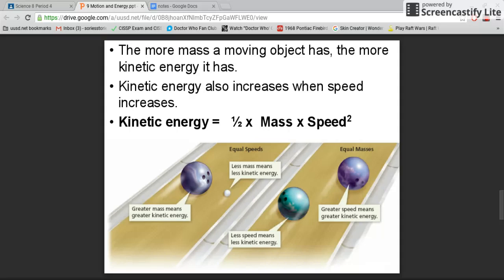Either way will be okay. Times whatever the velocity is squared.